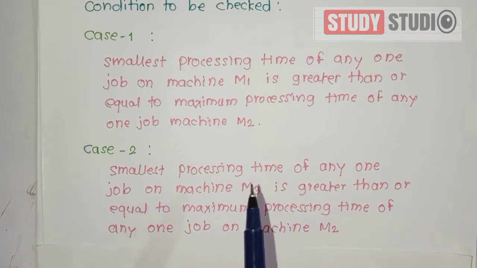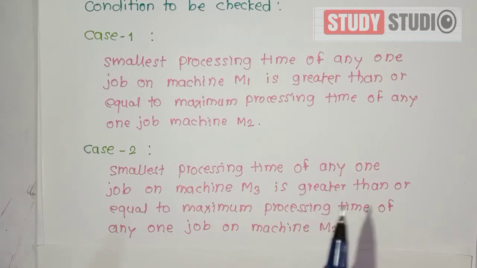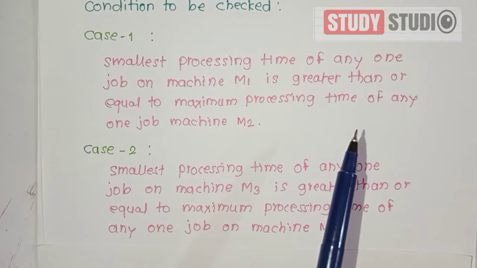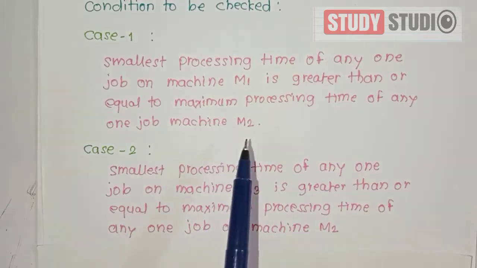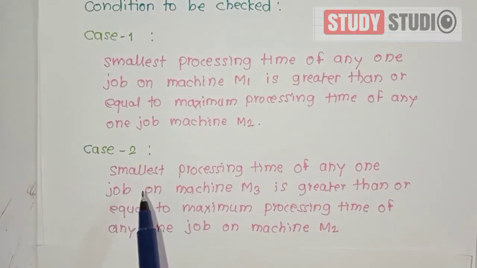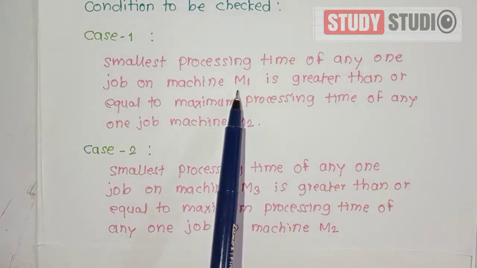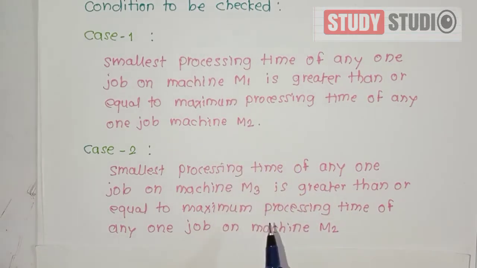So in case number 1, we are finding the smallest processing time of machine M1 and comparing it with the maximum processing time of machine M2, and in case number 2 we are finding the smallest processing time on machine M3 and comparing it with the maximum process time of machine M2.